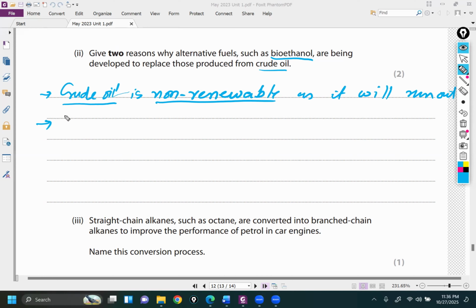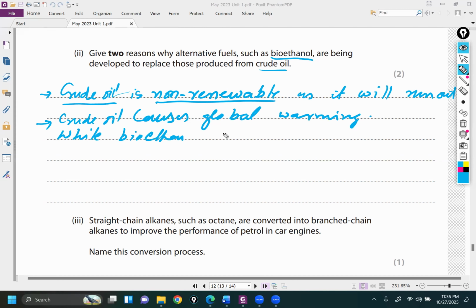Second point, like crude oil causes global warming. They give more carbon dioxide, while bioethanol is carbon neutral. So it is safe for the environment as well.